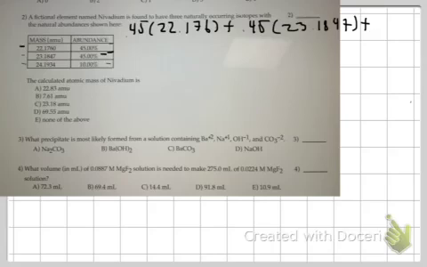Actually, here I'll bring this down here. Plus 0.1 times 24.1934. Whatever that number is, and the answers are at the end of this. So that's how you set this problem up.